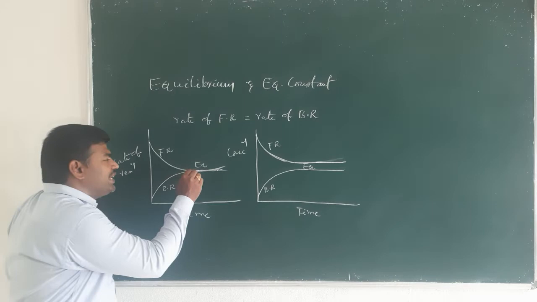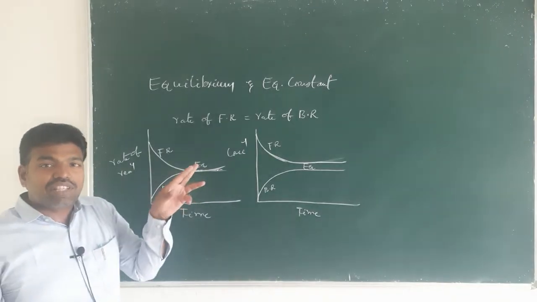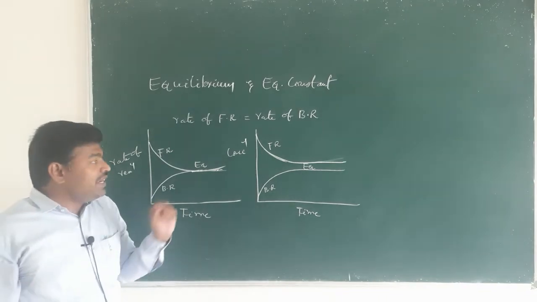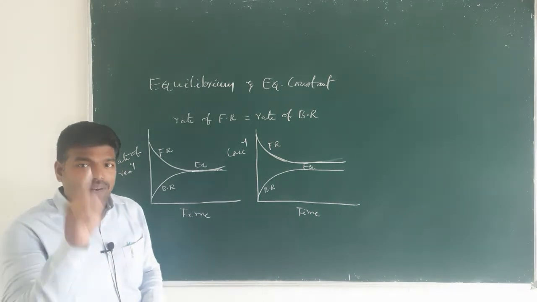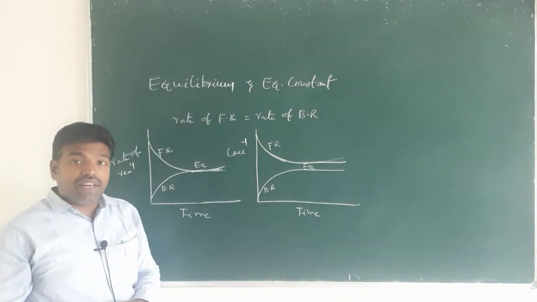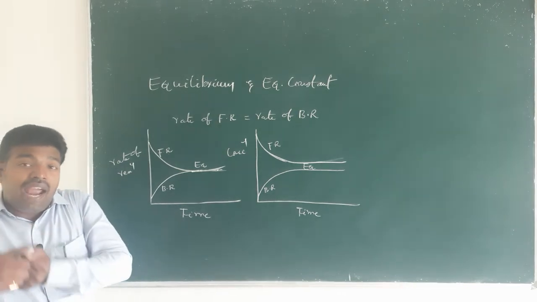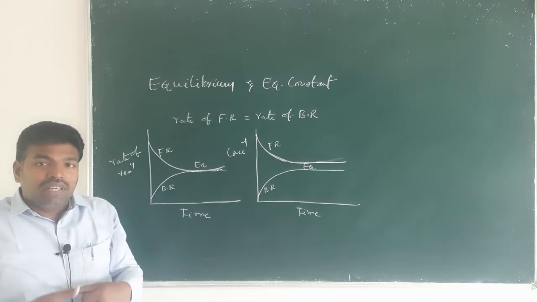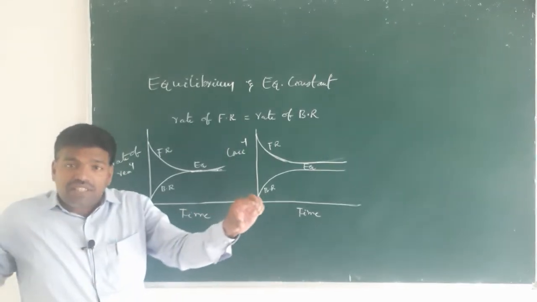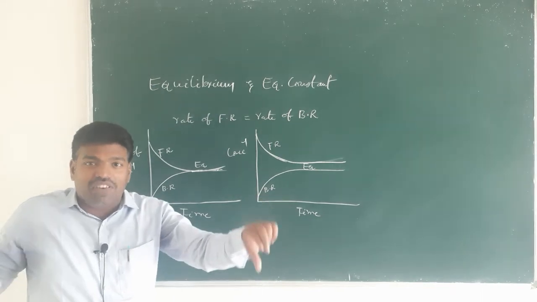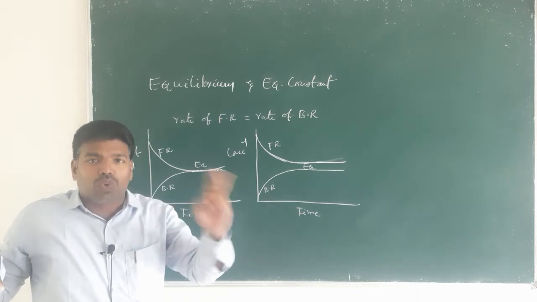At equilibrium, as I already told you, equilibrium is established in reversible reactions, and in those reversible reactions a tug of war takes place. In the tug of war game, one group is pulling with a certain force and the other group is pulling with the same force. Whenever the forces of these two groups are equal, there exists an equilibrium between the two groups.